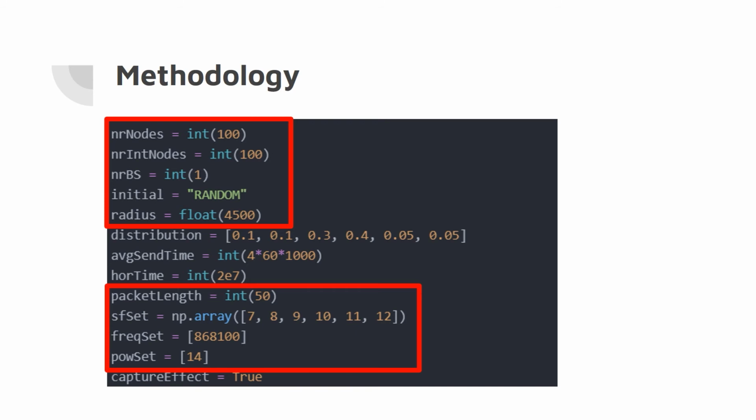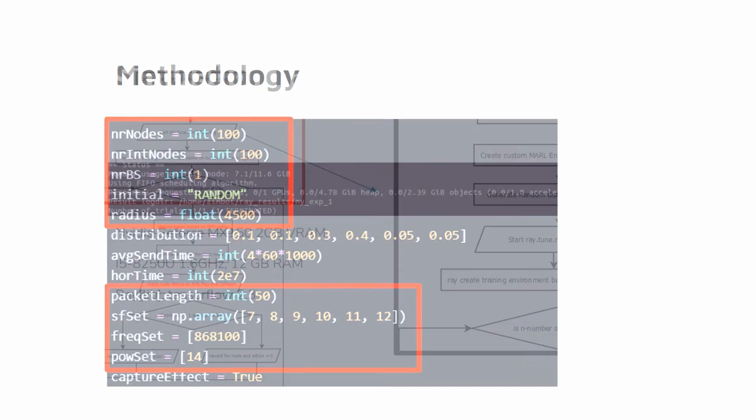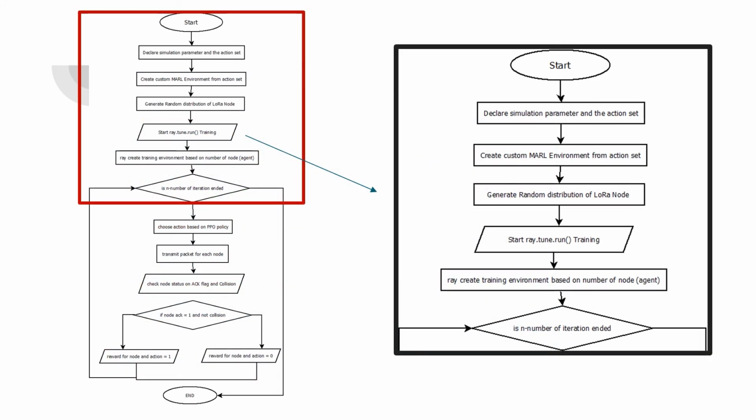Next, the packet length which I've chosen is 50. And next, the set of spreading factors which I'm going to try is a list consisting of 7, 8, 9, 10, 11, and 12. And for this FYP, I've decided to set constant my frequency and my power set.